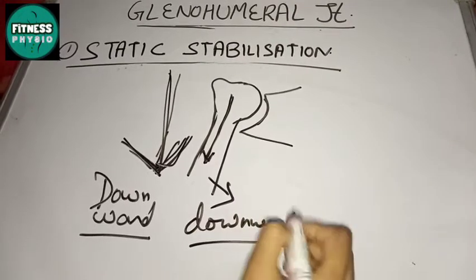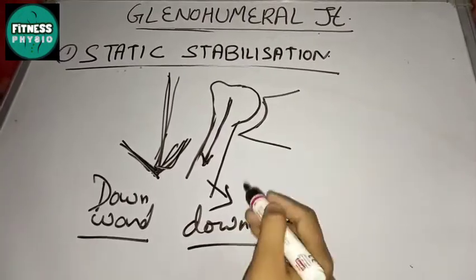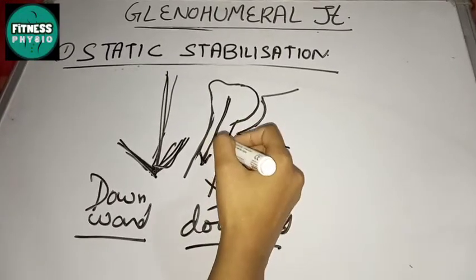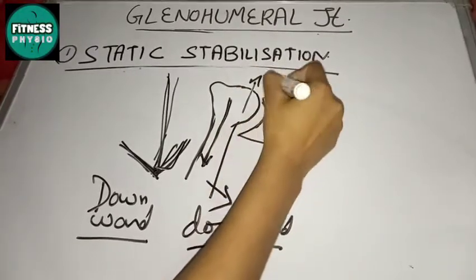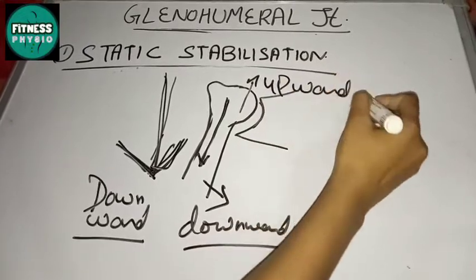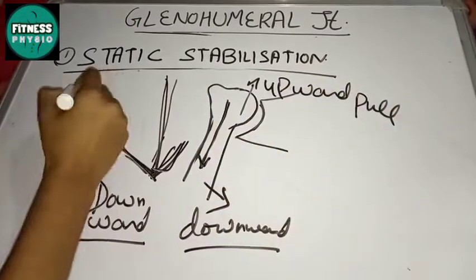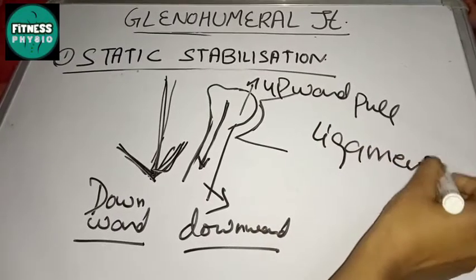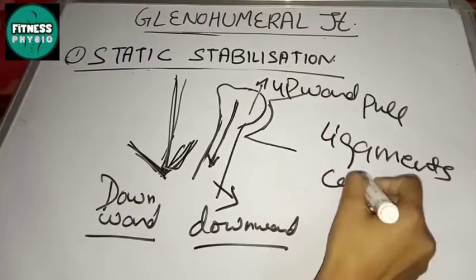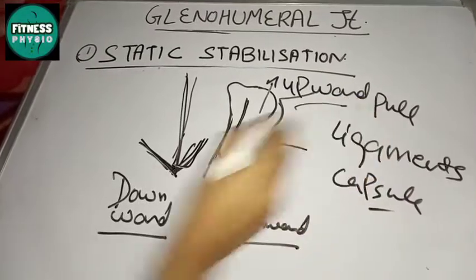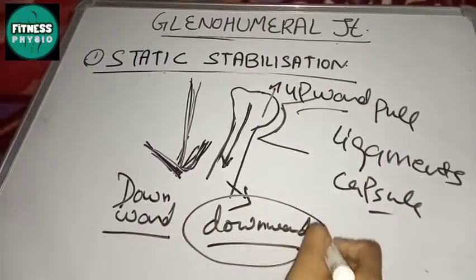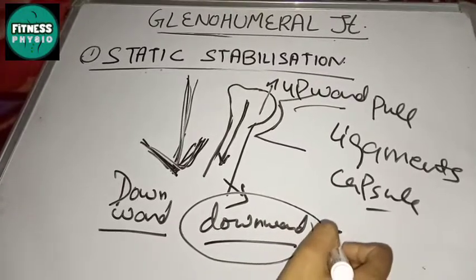The structure responsible for keeping your arm in equilibrium, which provides the upward pull, is your ligamentous and capsular structure. We have already discussed ligaments and capsule, which provide the upward pull against this downward pull caused by gravity.